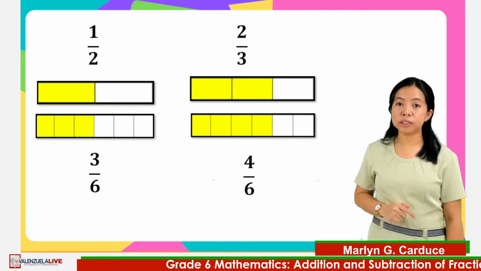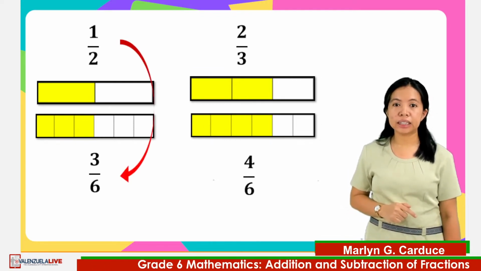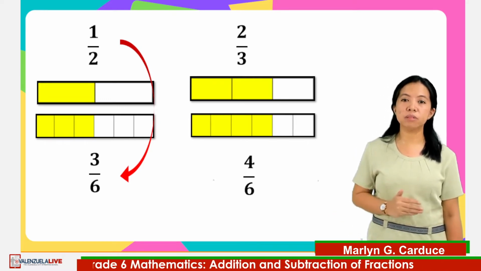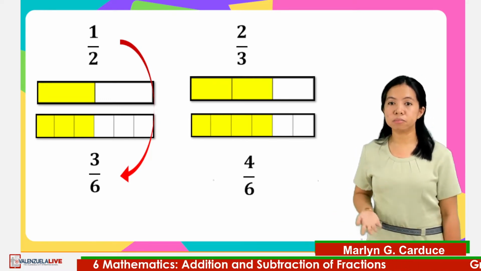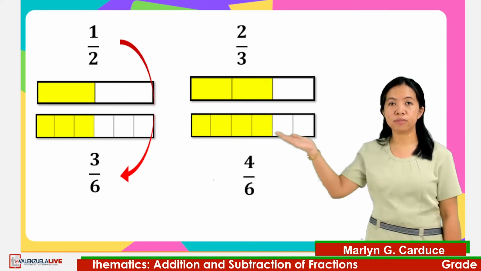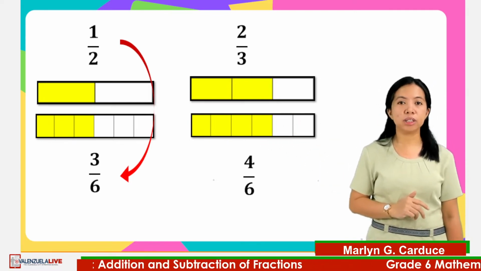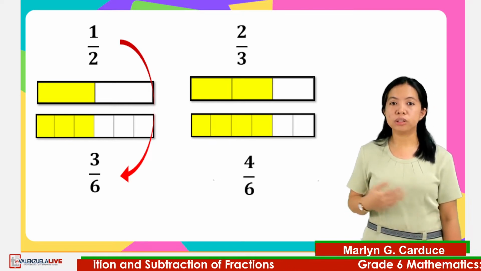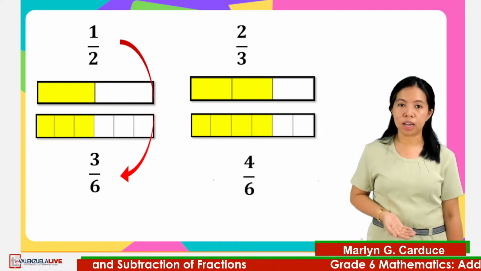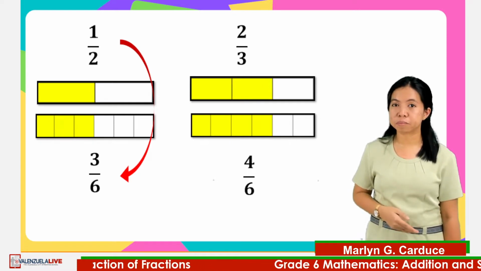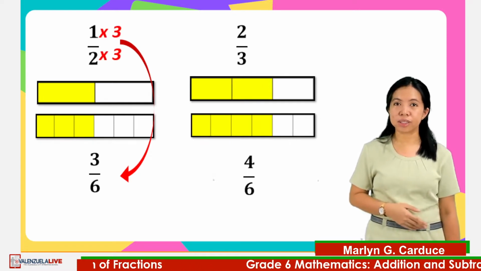We can also multiply the denominators by a number that will make the fractions similar, like in the first fraction, which is 1/2. 1/2 has a denominator of 2, and what should be the number to be multiplied by 2 to become 6? Yes, you are correct.